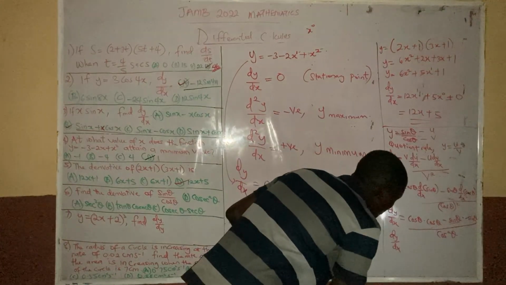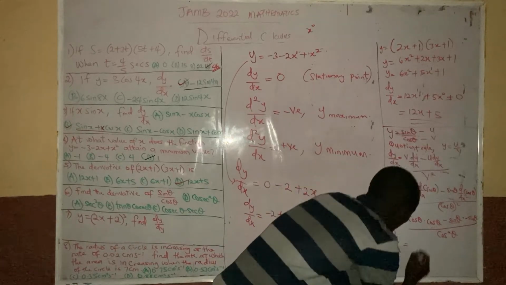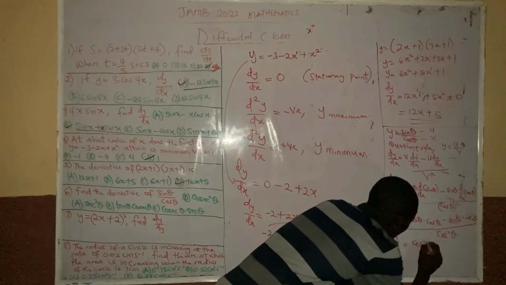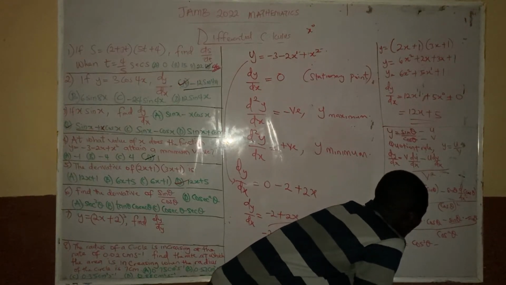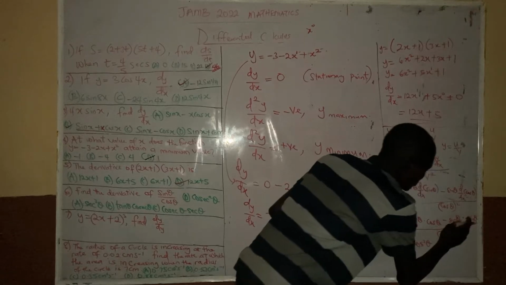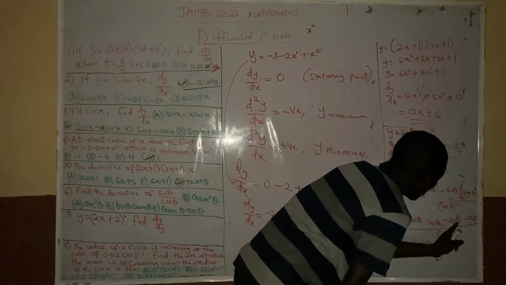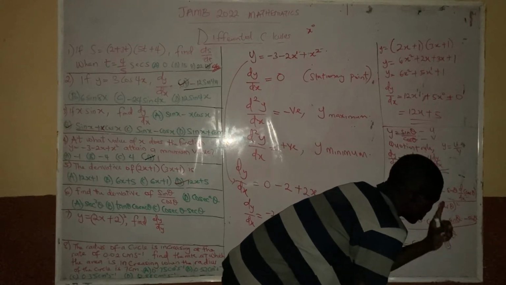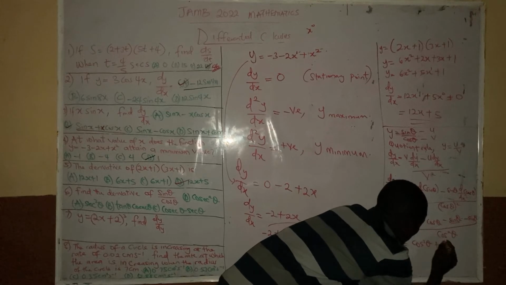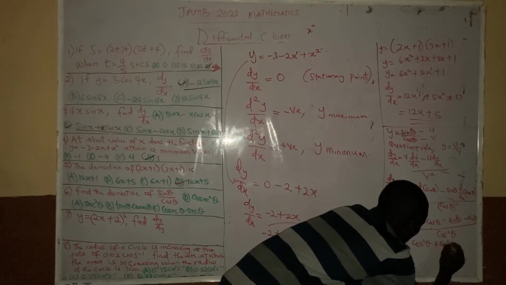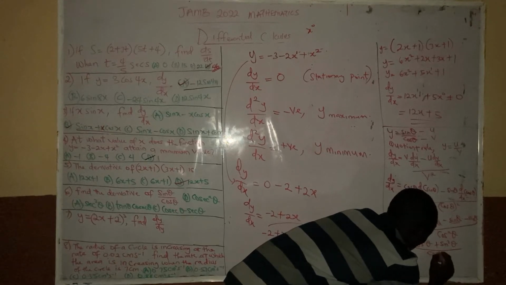So dy/dx is equal to, now cos theta times cos theta will be cos square theta. Minus, now don't forget this, minus times minus will give you plus sine square theta, all over cos square theta.